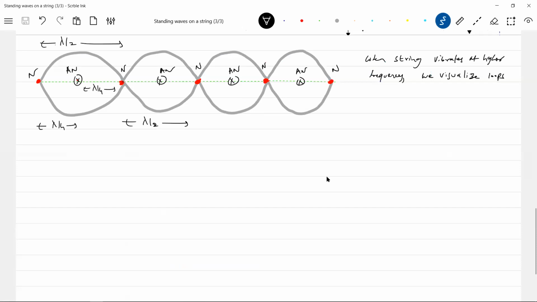Now, when do I get a standing wave? Standing waves, SW here.